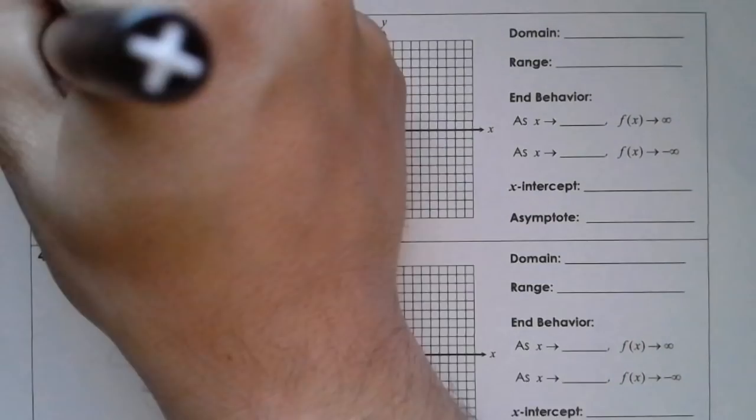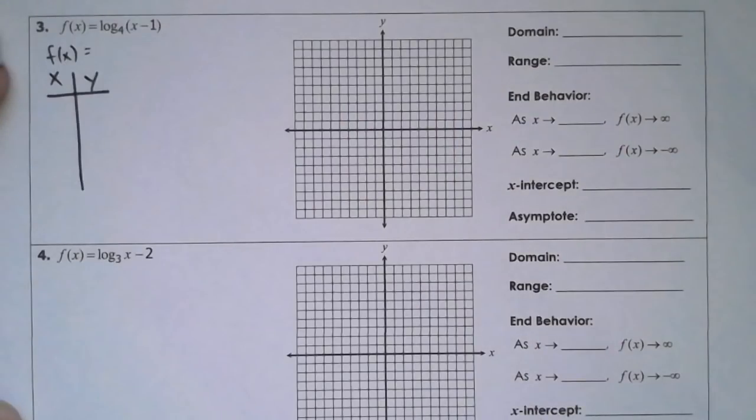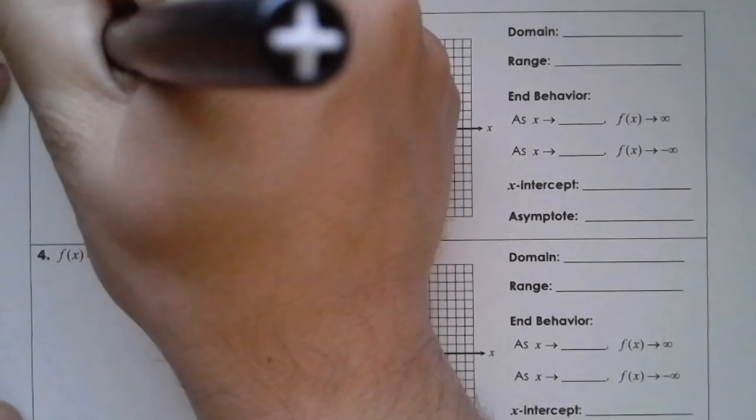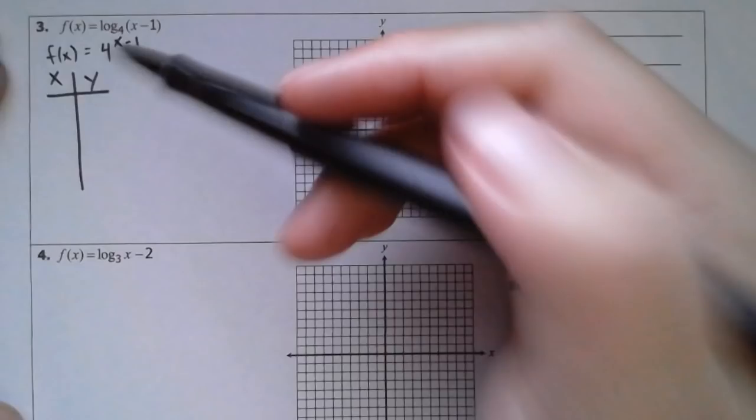So f of x is equal to, and taking it from our previous one, we have log base 4 of x minus 1. This here tells me I'm going to translate to the right 1.